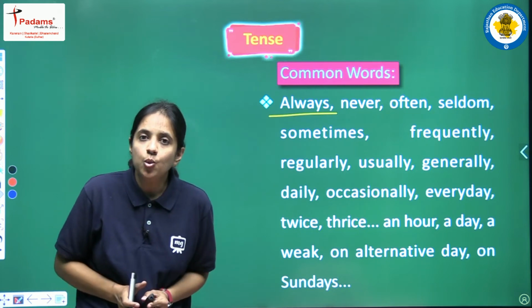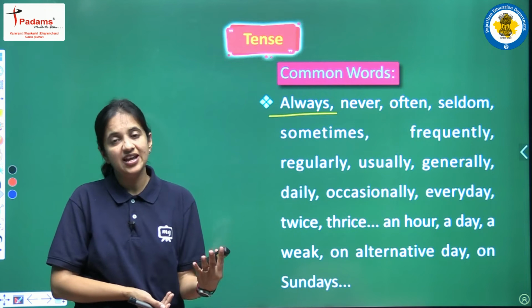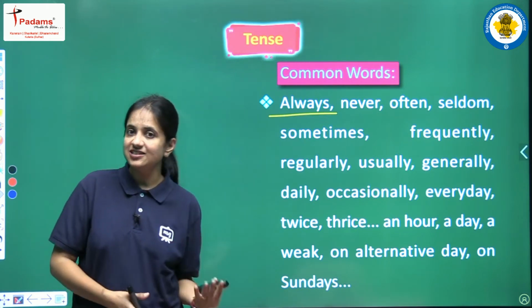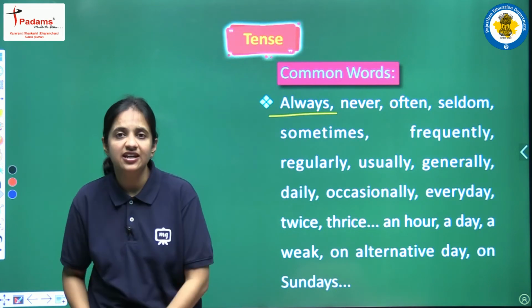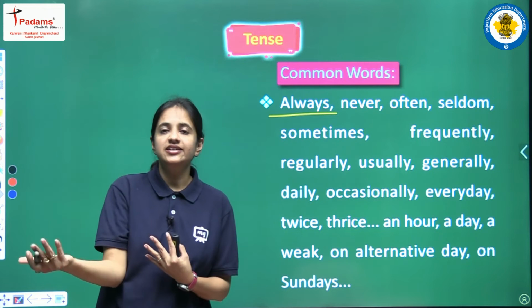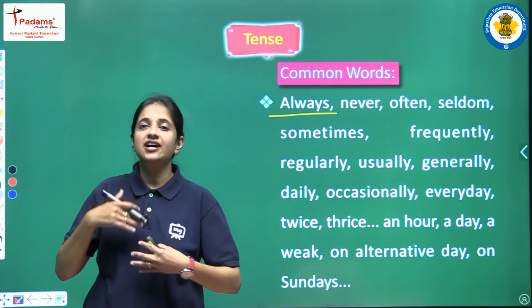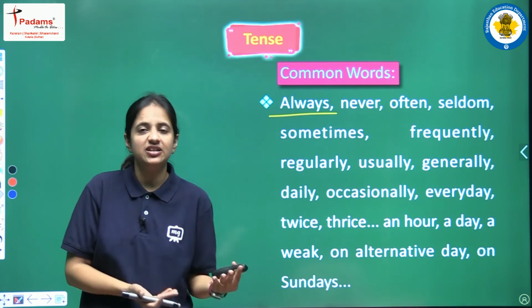Always is a word that shows the daily routine, the daily system. We have discussed this use also: to show the daily system, the habitual system, we use always. Suppose I say that she always takes tea with the breakfast. What is this? This is her daily routine, this is her habit, that she always takes tea with the breakfast.